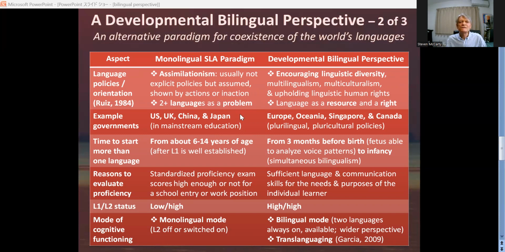And so some examples of these approaches are the monolingual approach of the US, the UK, and countries such as China and Japan, which are assimilationist in their mainstream education. Whereas in some parts of Europe, Oceania, Singapore, or Canada, they have plurilingual or pluricultural policies.